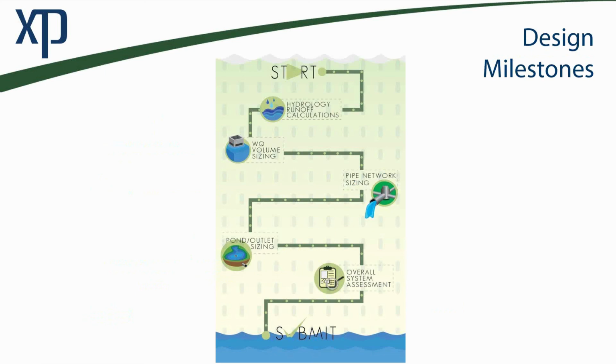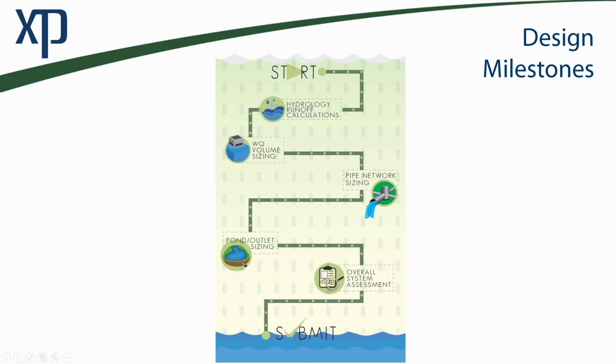So here's a bit of an image. So US storm designers have to pass a number of milestones, I might call them, one way or another in order to complete or in order to submit their proposed design. So you can see some of the labels on these items, but starting at the top, you have to work your way down through all these hoops.